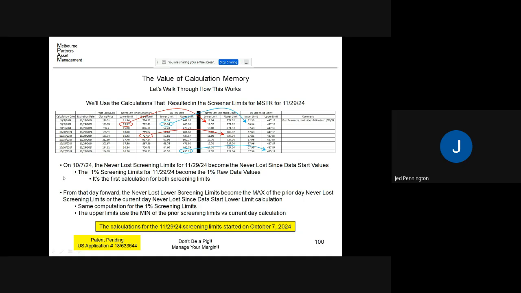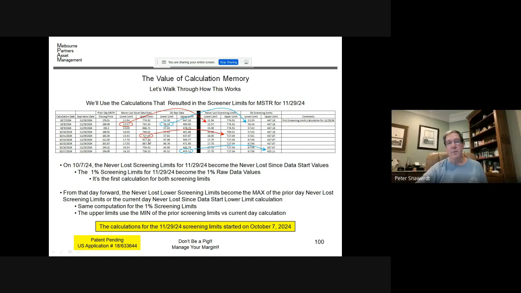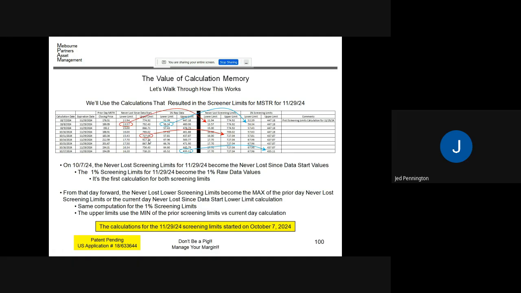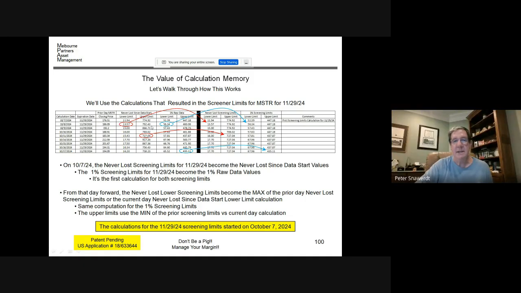So what does it mean then when there's a discrepancy? Well, for which date? Give me an example. Just one of the ones you pointed out, it was like 10/9. The upper limit was 866, but it didn't match the upper limit in the never lost screen. So 866 right here.